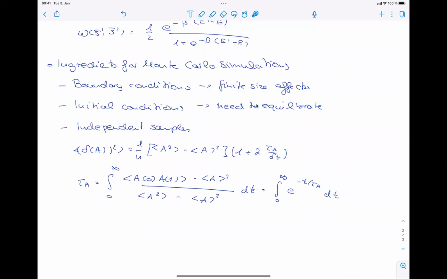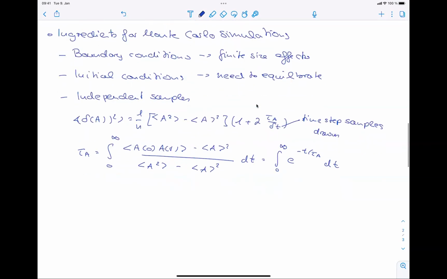If I draw them closer to each other, then I have to pay attention to this additional statistical error. So: time steps at which samples are drawn.